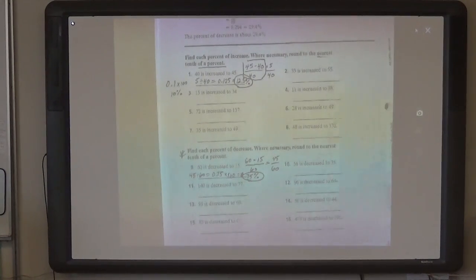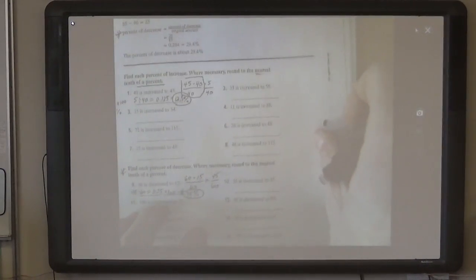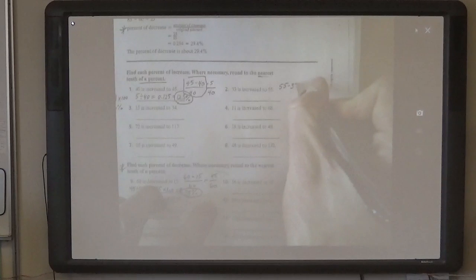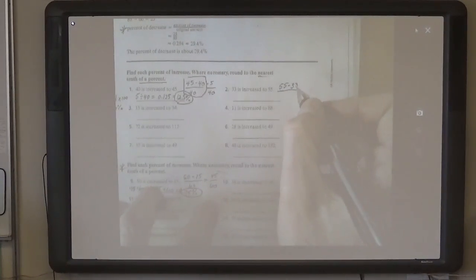So on number 2, this is exactly what you need to show me. 55 minus 33 over what? Over 33.